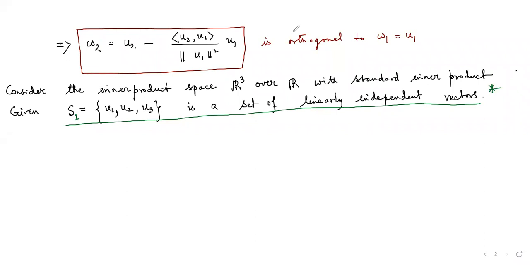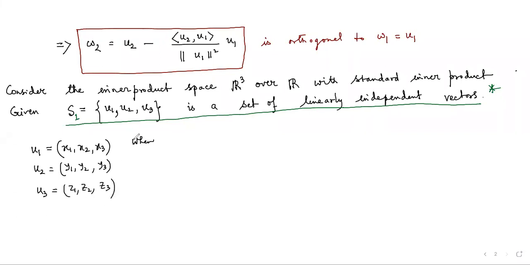If it is so, then we can consider the vector u1 to be having the coordinates x1, x2, x3, u2 having the coordinates y1, y2, y3, and u3 having the coordinates z1, z2, z3, where xi, yi, zi belong to R for all i.